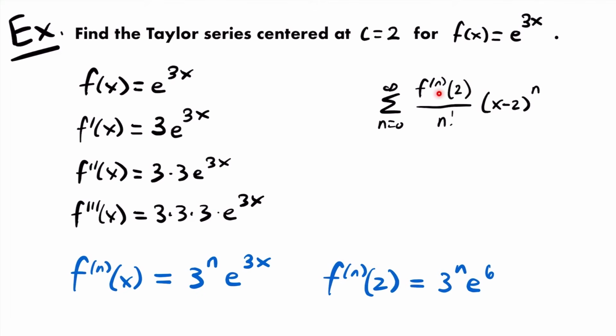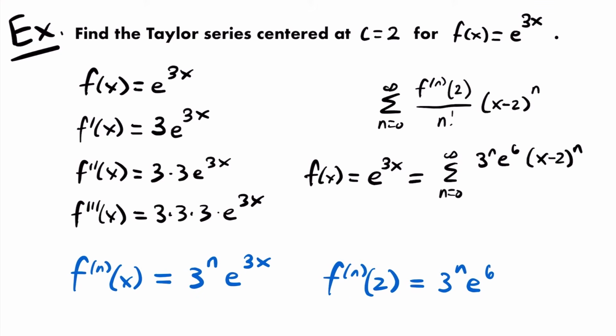So we can replace the nth derivative evaluated at 2 with this expression and represent our function as a Taylor series. Okay, and so if we do that, our function f of x, which is equal to e to the power of 3x, will be equal to the sum from n equals 0 to infinity of the nth derivative evaluated at 2, which is 3 to the power of n times e to the power of 6 times x minus 2 to the power of n divided by n factorial.